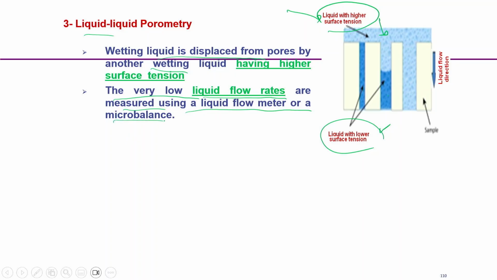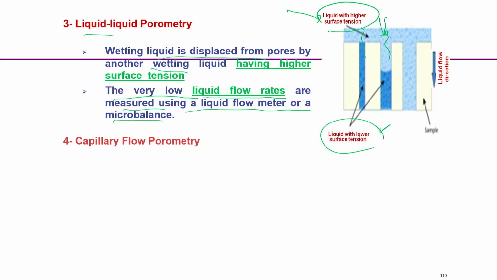That means we are applying a certain pressure, which will generate a certain flow rate. Depending on the dimension, the flow rate will change, and that liquid flow rate is measured.